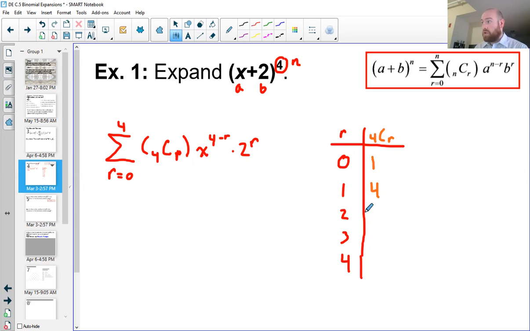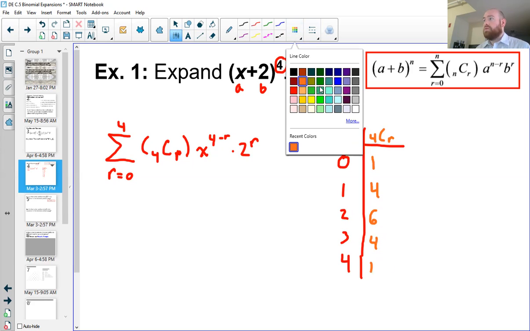So 4 choose 2 is 6. And then notice that we got to the halfway point, so we're going to start decreasing, 4 and then 1.